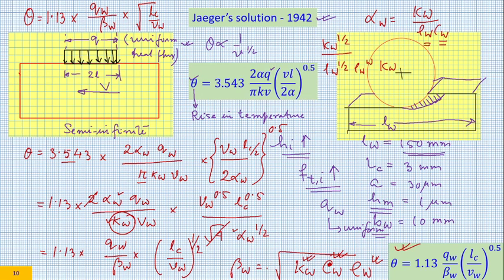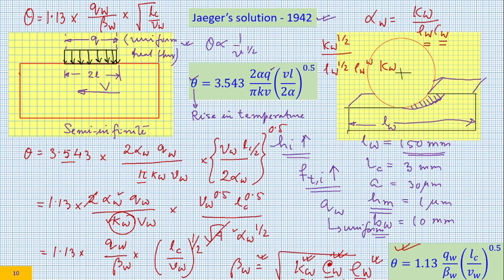VW is the work speed, so that is also known to us. Beta W is nothing but root over thermal conductivity of the workpiece, specific heat of the workpiece, and density of the workpiece. If you are grinding a particular work material, chances are its properties would be known to you, so beta W you would be able to calculate, and that is multiplied by 1.13.